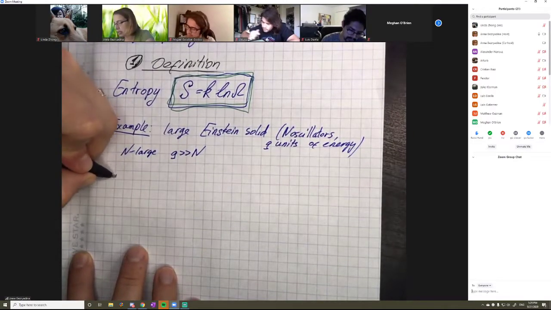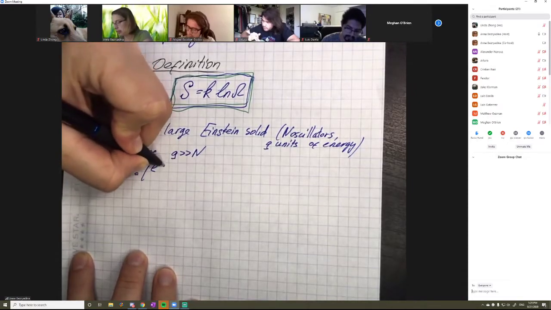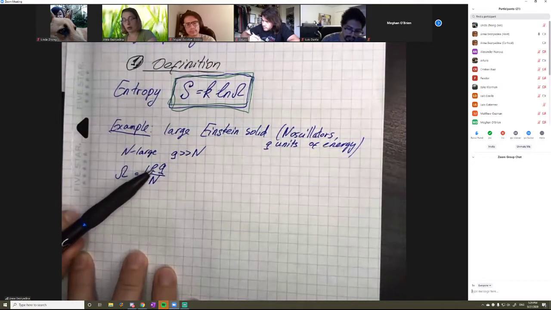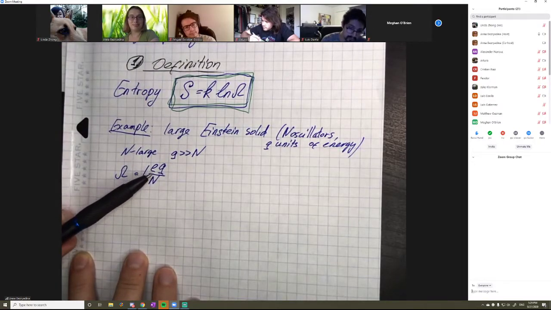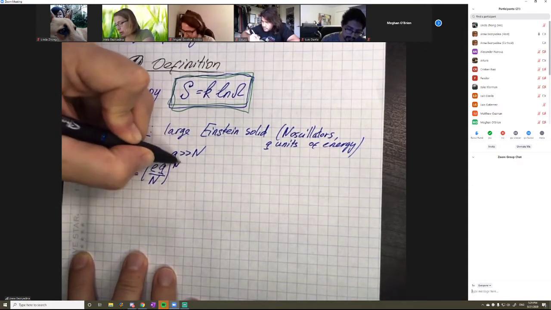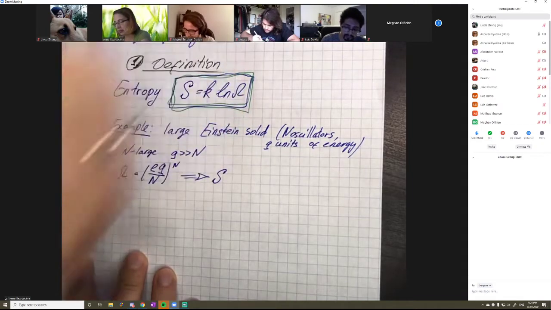In this case, our multiplicity, which we derived last time, is equal to (eQ over N) to the power of N, where e is our 2.7. From here, we can find our entropy very simply.